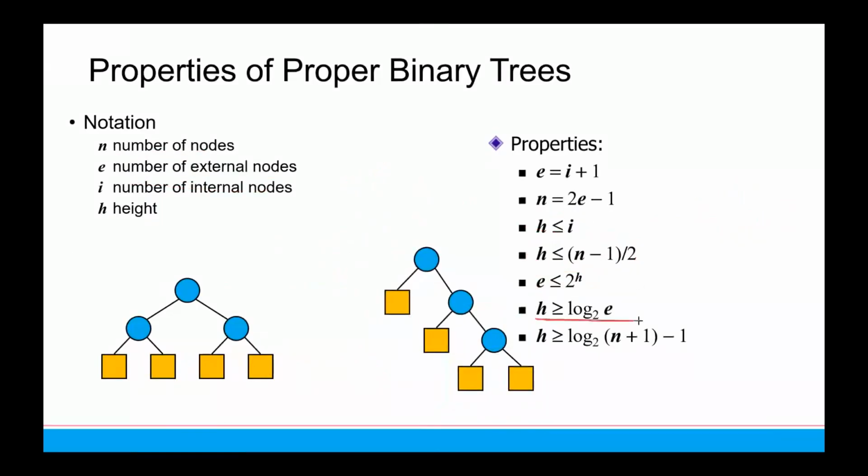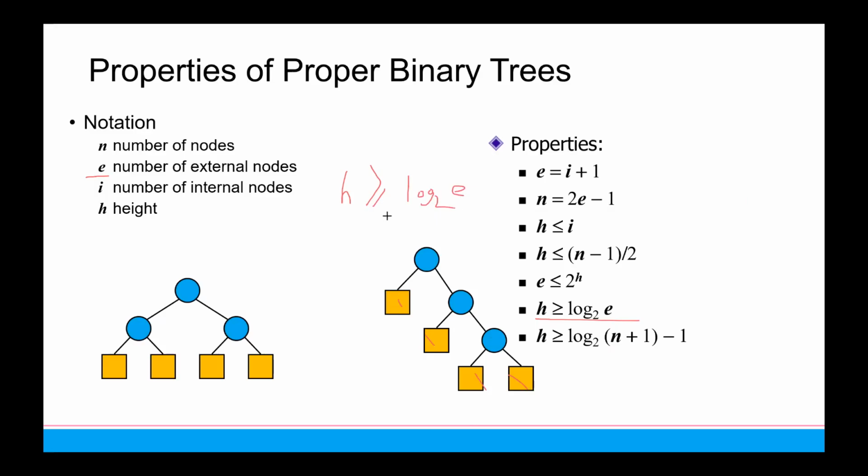We have h is greater than or equal to log base 2 of e. What is e? So h is greater than or equal to log base 2 of e. We have e as 1, 2, 3, 4.